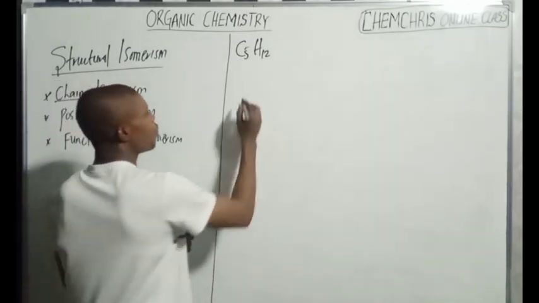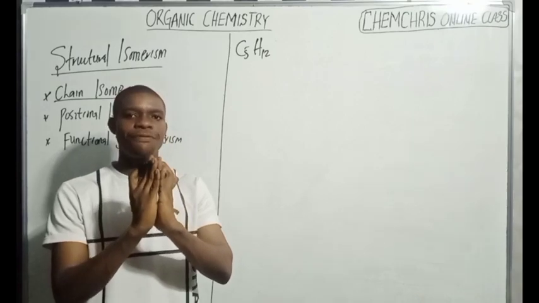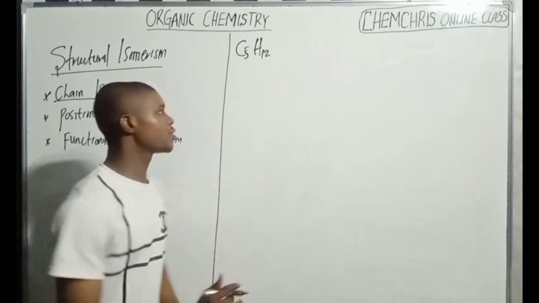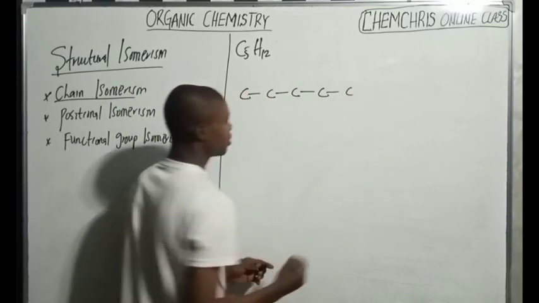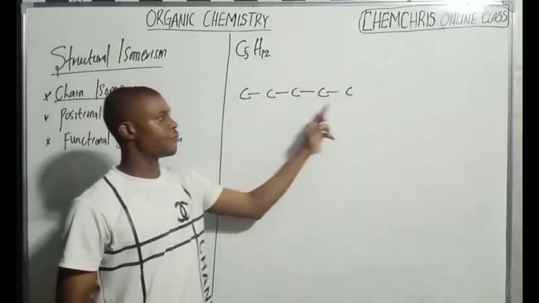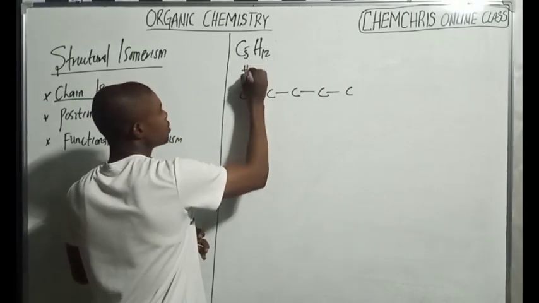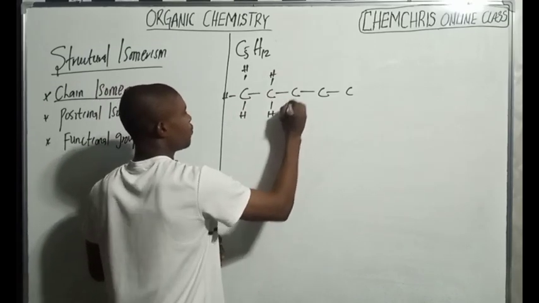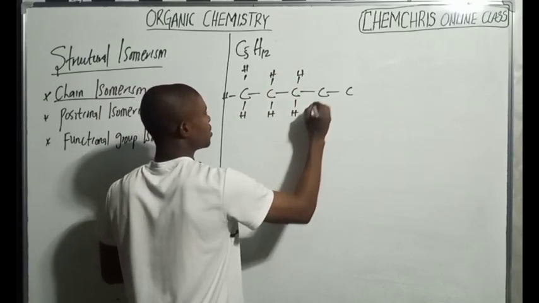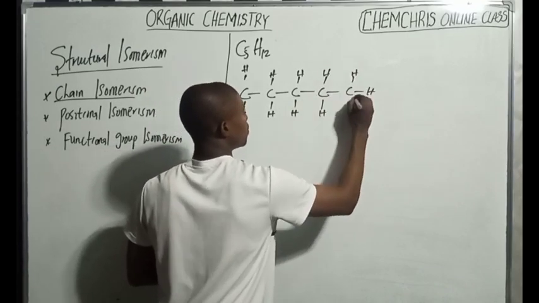First, we have a five carbon chain, so maybe 1, 2, 3, 4, 5. Can you see that? Now I can place my hydrogens, 1, 2, 3, 4, 5, 6, 7, 8, 9, 10, 11, and 12.